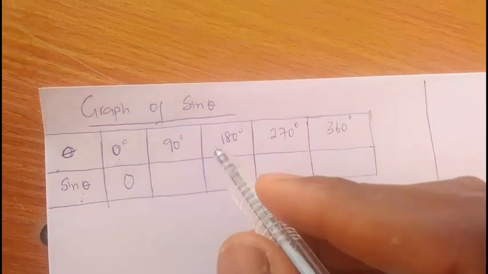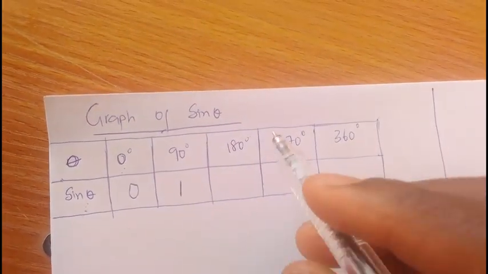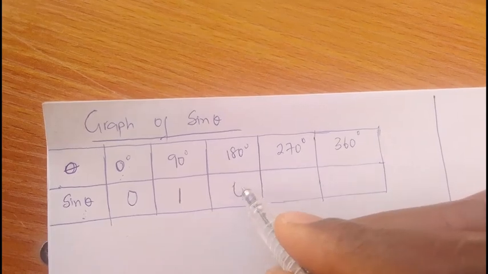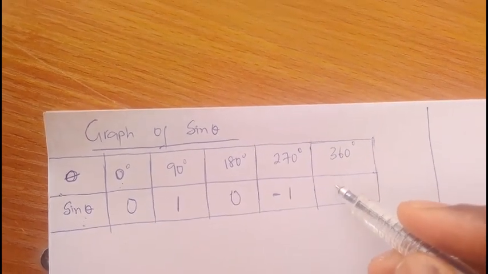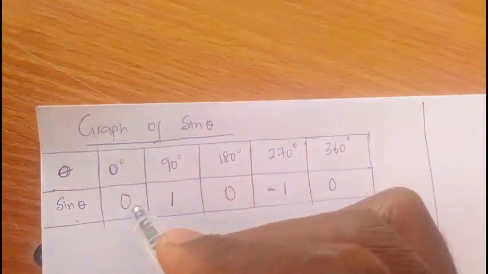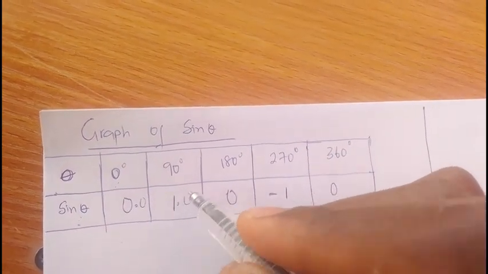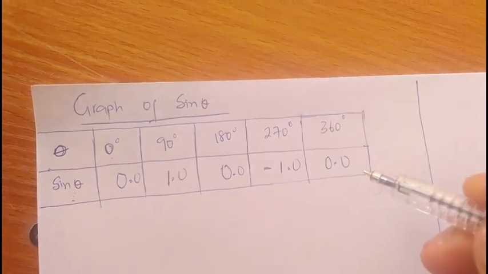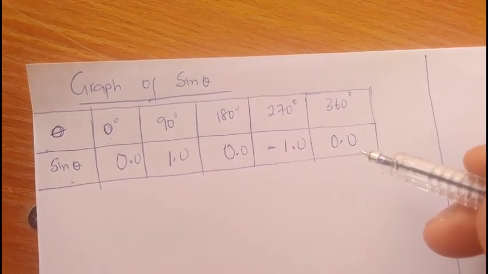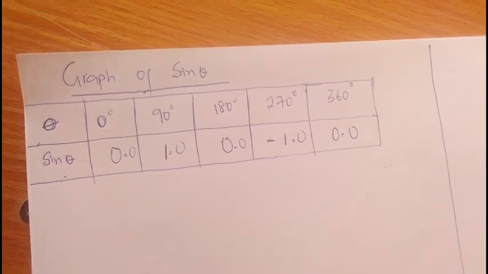Sine 90 is 1. Sine 180 is 0. Sine 270 is minus 1, and sine 360 is 0. So we can make it one decimal place by adding 0.0 to everything.